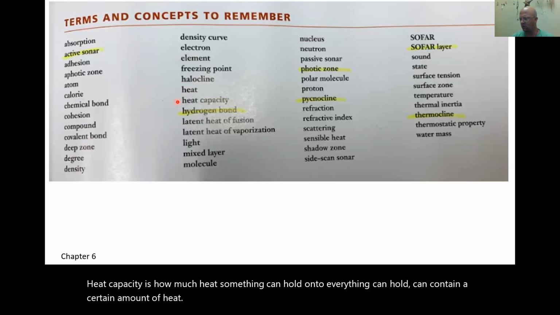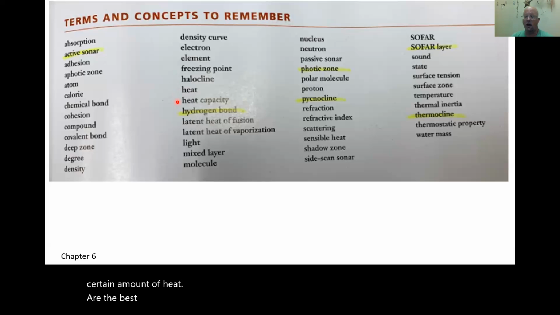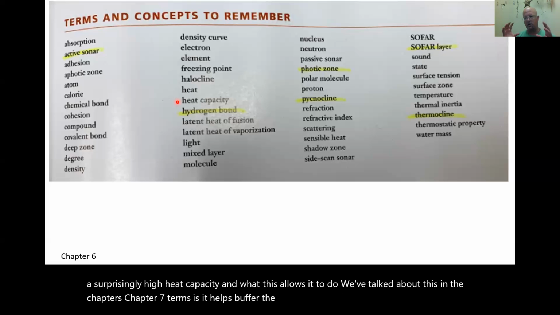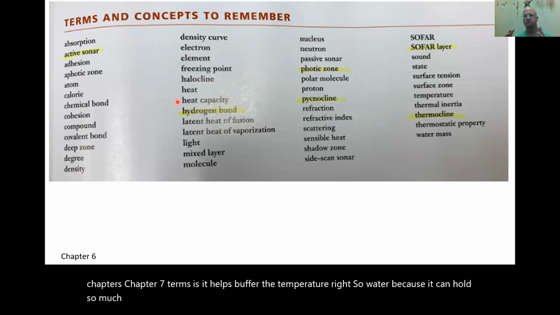The best example, the example we'll talk a lot about in this class, is water. Water has a surprisingly high heat capacity. And what this allows it to do, we've talked about this in the chapter 7 terms, is it helps buffer the temperature, right? Water, because it can hold so much heat, doesn't change temperature as much as you would think.